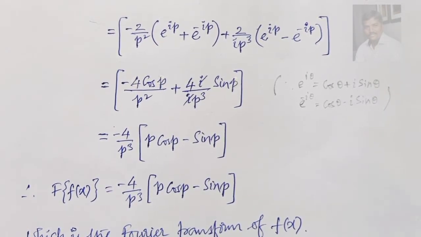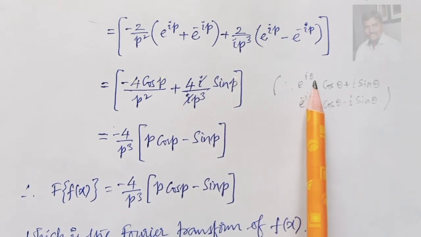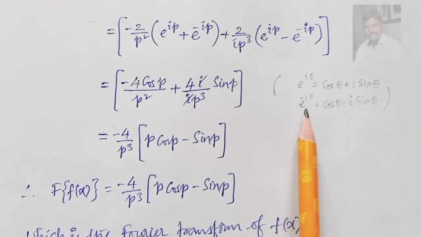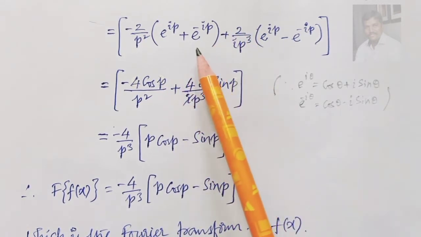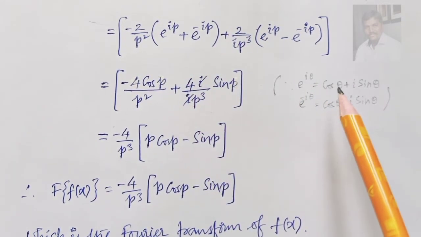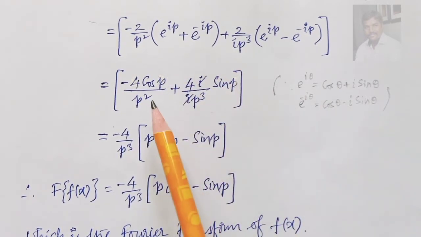Similarly, e power ip we can write like that: e power ip is cos p plus i sin p, and e power minus ip is cos p minus i sin p. Now if I add these both, what happens? I will get 2 cos p.